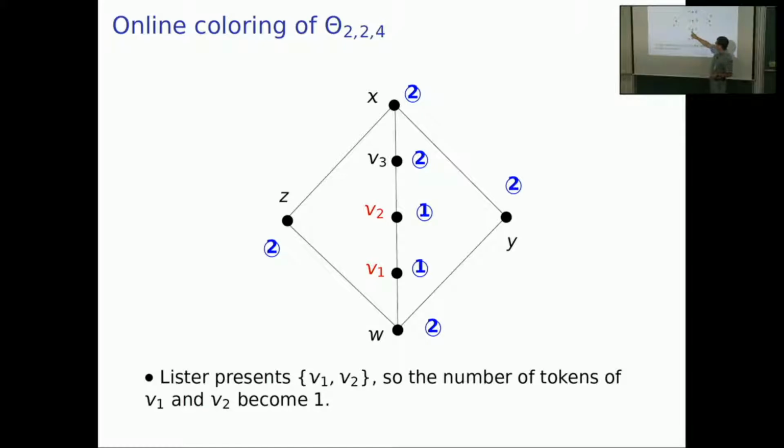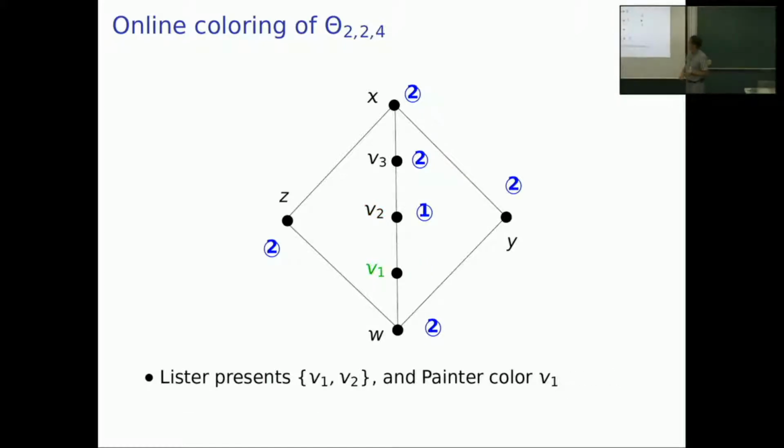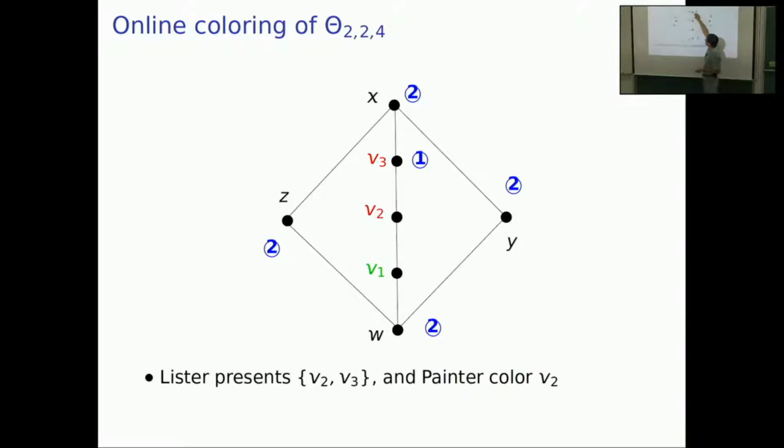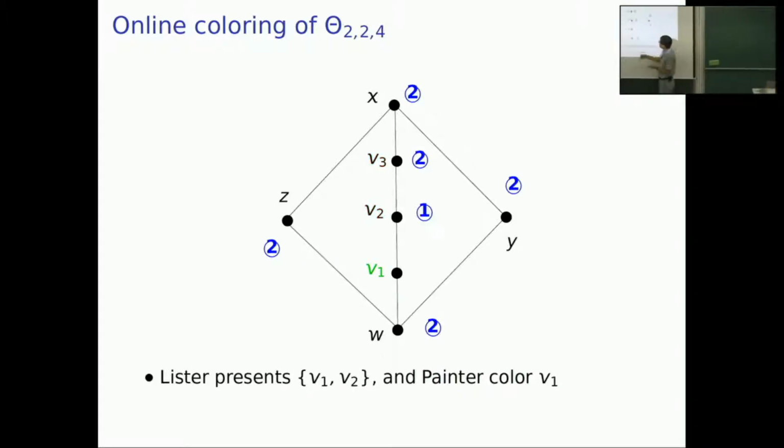So let's assume the painter colors V1. Then later the lister presents now these 2. But previously it had only 1 token. So if the lister presents these 2, the painter has no choice. He must color this.